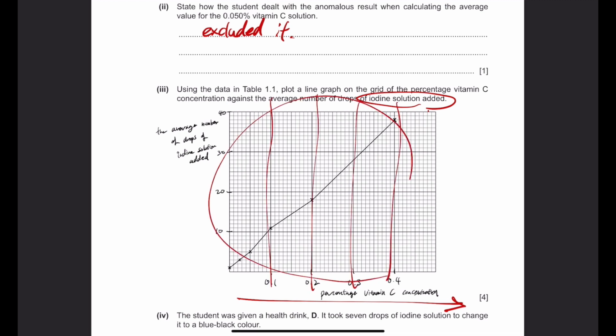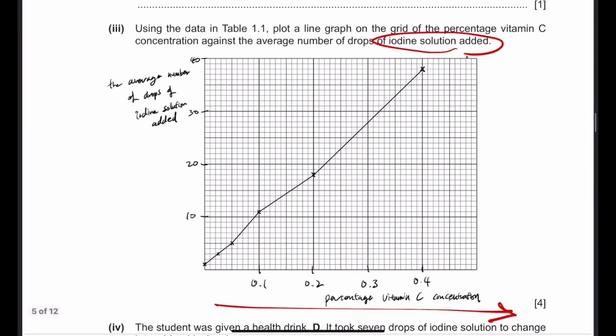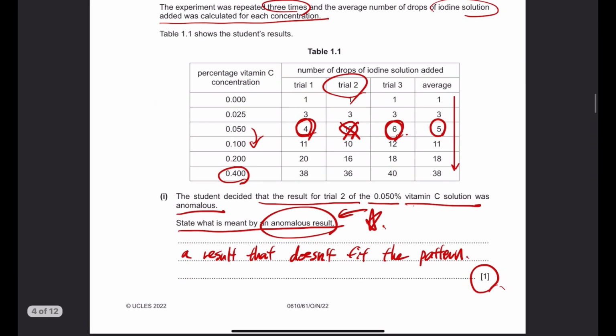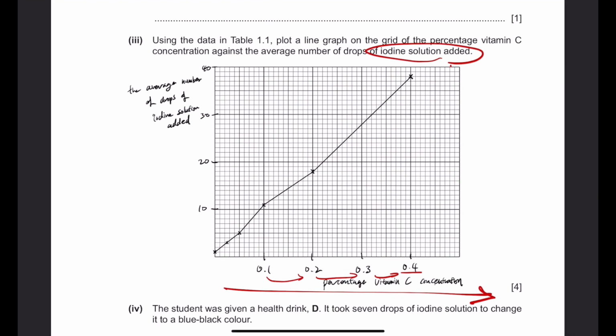So I'm just going to use this area to draw the graph. 0.4 is written here. I'm going to use a consistent increment of 0.1, starting from 0.1, 2, 3, 4. And then I'm just going to plot it. Just read carefully with the average values and these percentage vitamin C concentrations as well. So just plot it, and then you get this.